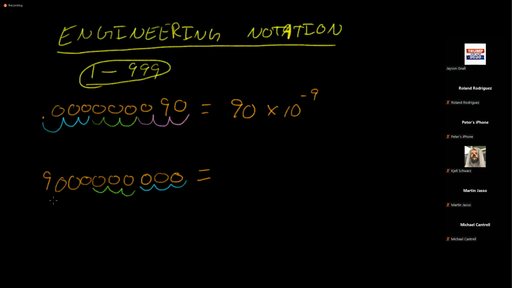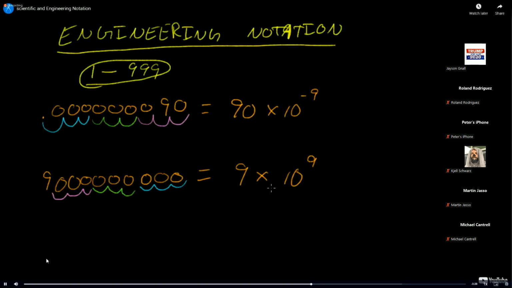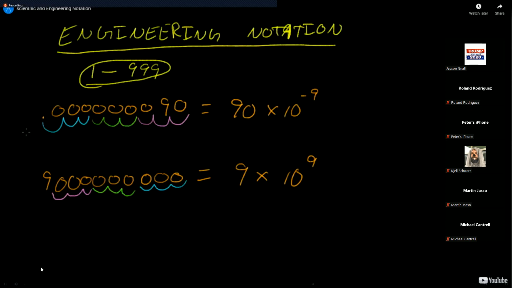Now we're at 9,000. Well, that's still bigger than 999. We're getting closer. Let's see if we can get it all the way there. So then we move 1, 2, 3, and now we're left with 9. So our number is basically 9 times 10, and we moved this thing 9 spaces to the left, so 10 to the 9th. Okay, so that's how we would mark that out.